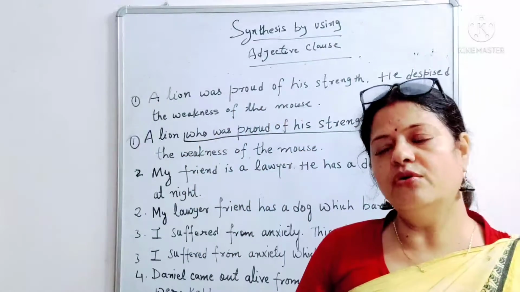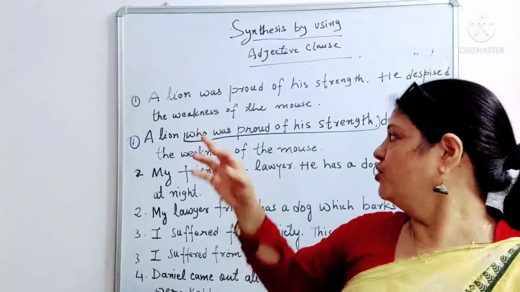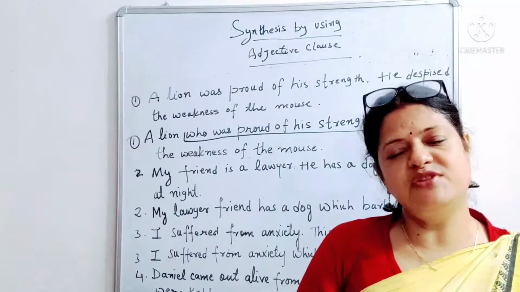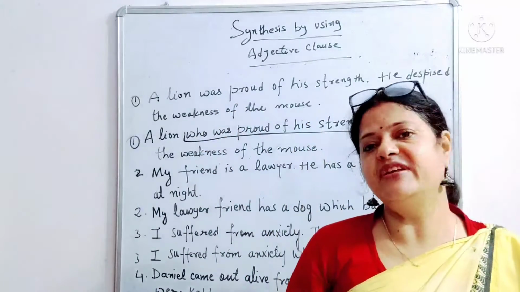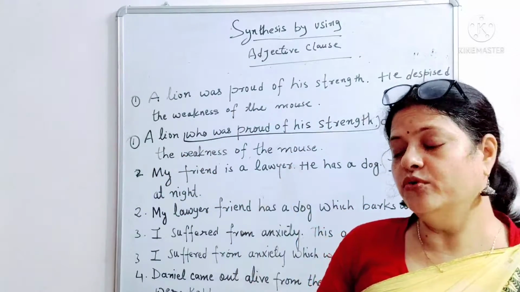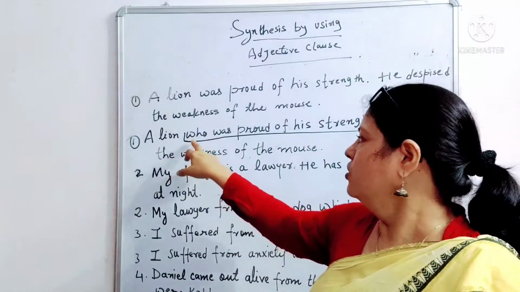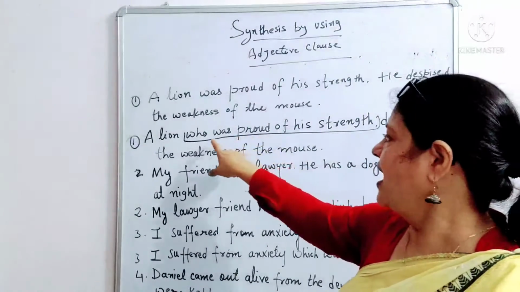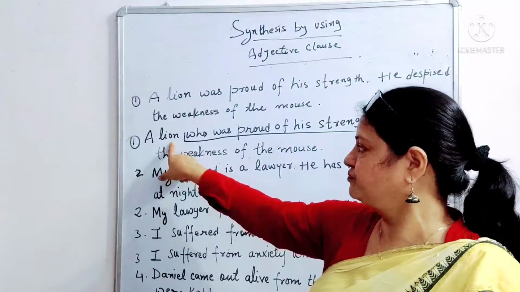Also, let me tell you one thing: if the conjunction "who" is there, we don't need any other subject, because in this conjunction "who" the subject itself is hidden. That is why we don't have to write a subject anymore. So, a lion who was proud of his strength, this is the adjective clause describing this lion in the main clause.